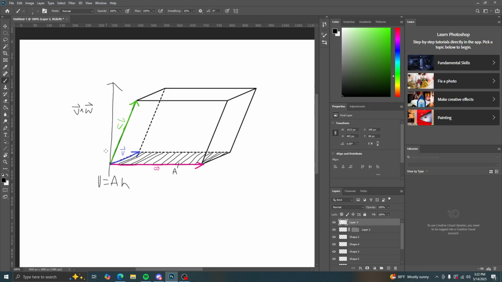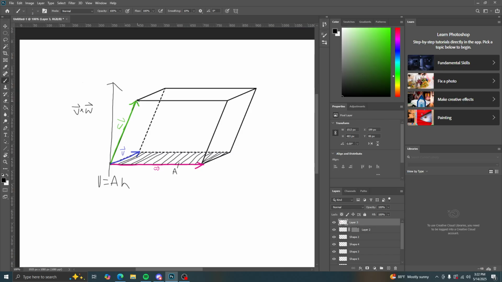That means the cross product of v and w is in the direction that we want the height to be in. Of course, it's not going to be the magnitude we want the height to have.